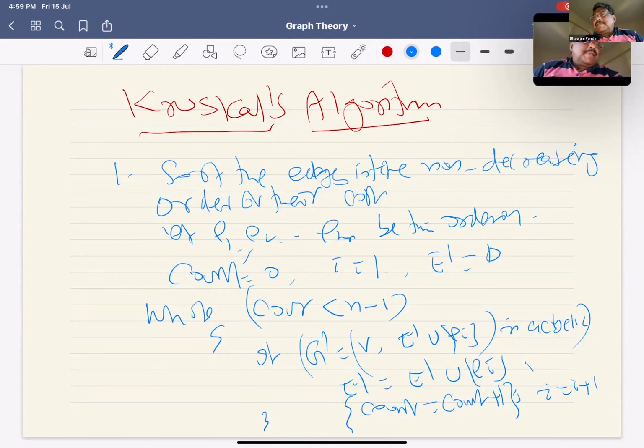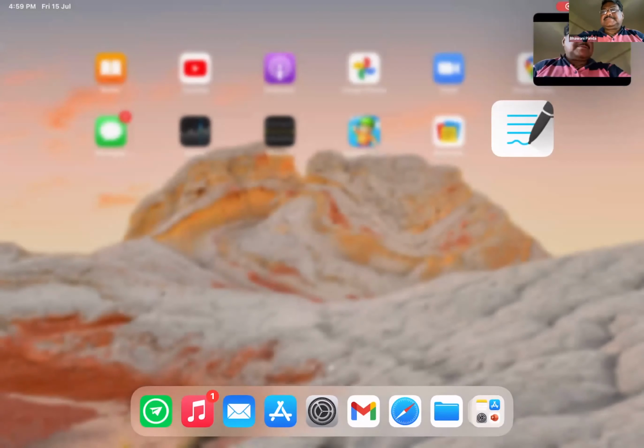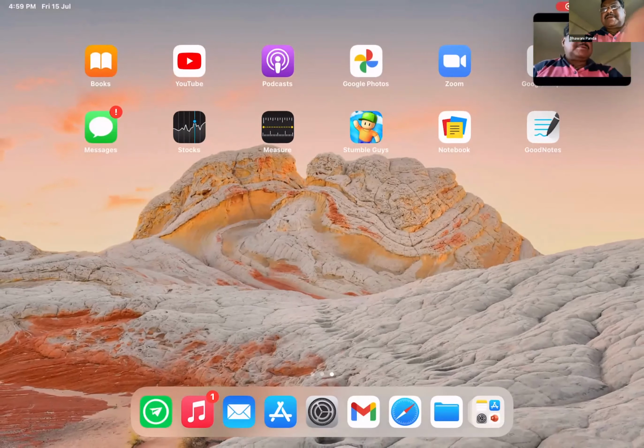And you stop as soon as the count becomes n minus 1. So you have selected n minus 1 edges and you are also maintaining acyclicity, and now basically you'll get a spanning tree. So let us take one example first and then you will understand it. So take this particular graph.